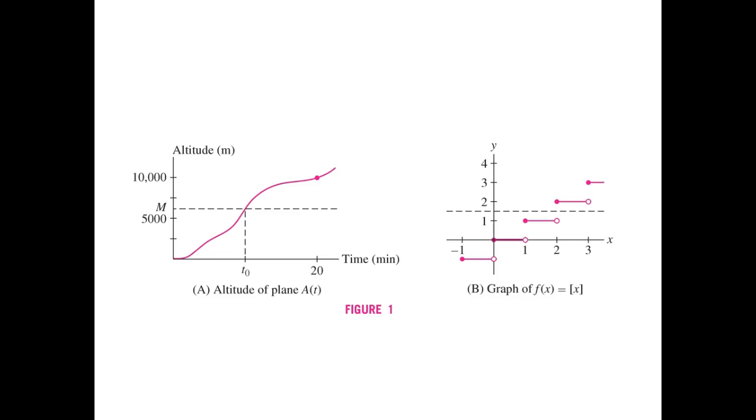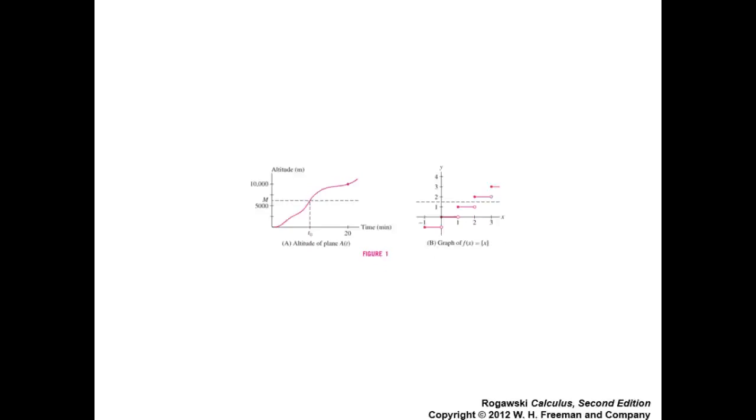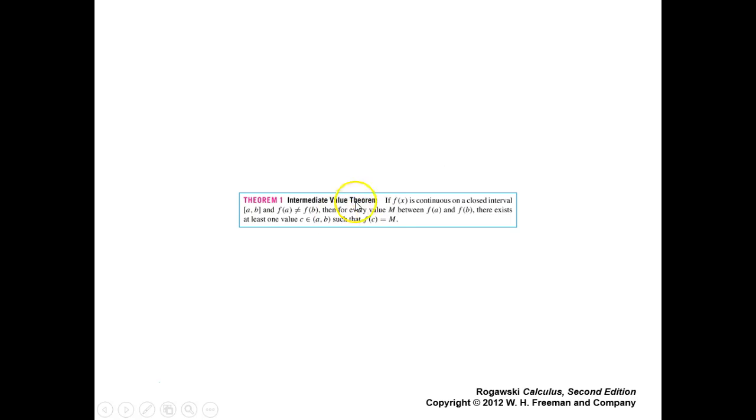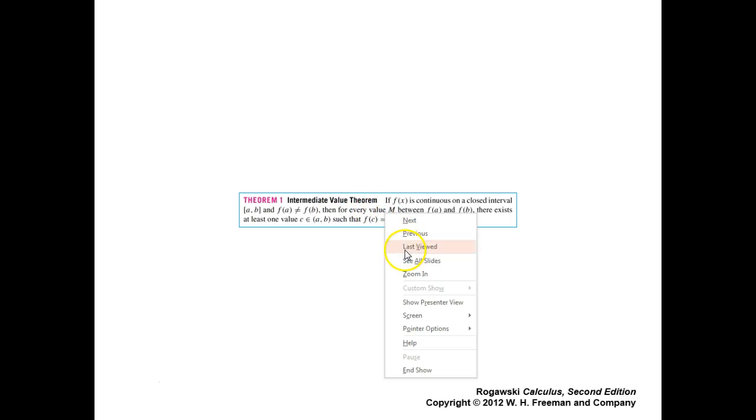Okay? So continuous functions, every value between the limits has to be met at least once, not true for discontinuous functions. Okay. So that leads to the intermediate value theorem, which is what this section is focusing on.